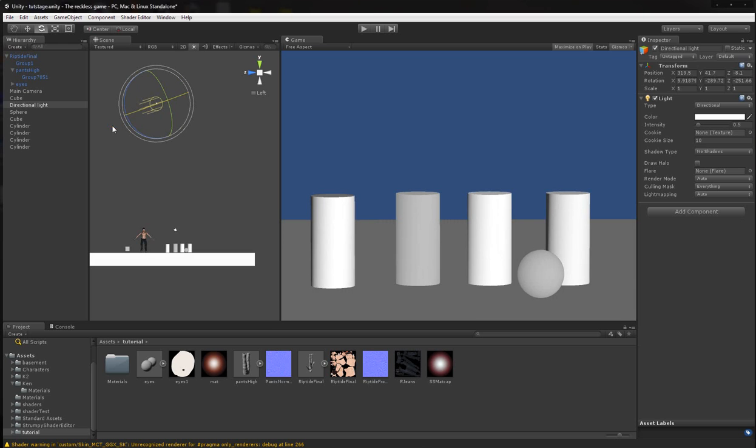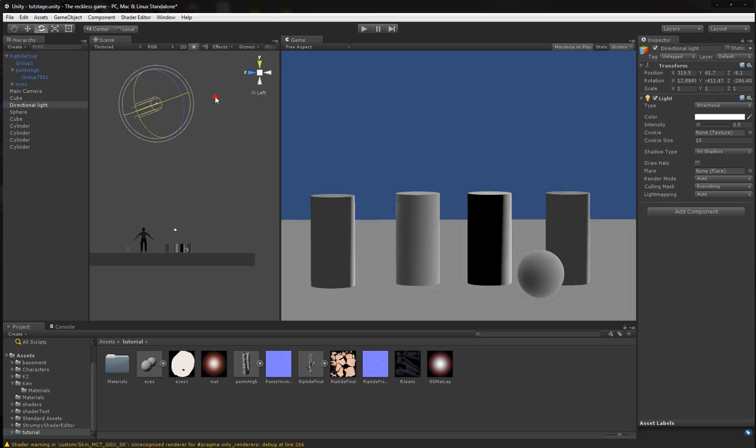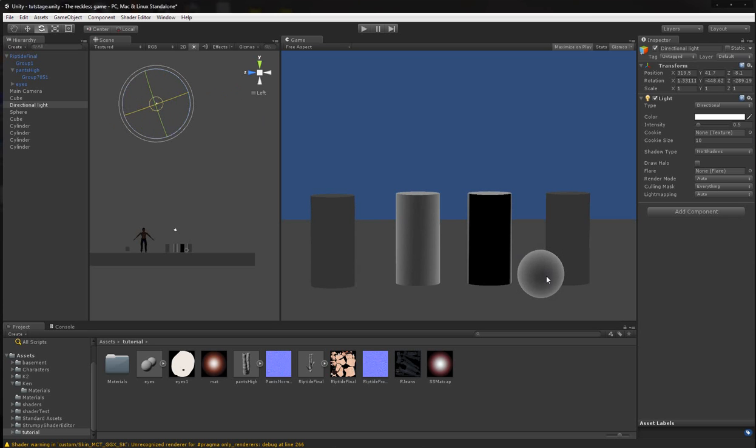But if you notice, we never quite reach pure white. And I'm also guessing that even though it almost looks like we might be reaching the unlit color, which should normally be pure black, I don't think we're quite reaching it.